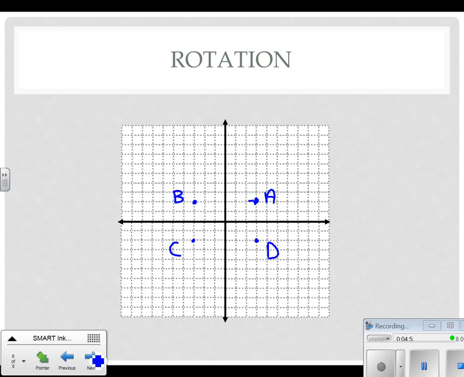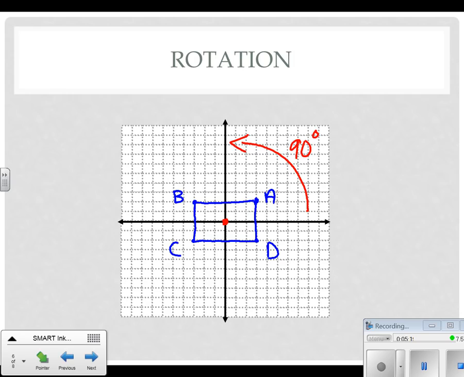So here's our rectangle A, B, C, D, close it back up. We are going to take this rectangle, we are going to turn it around the fixed point of the origin. So we're turning it around the origin. We're going to turn it counterclockwise 90 degrees. So that means we're going to turn this direction 90 degrees.